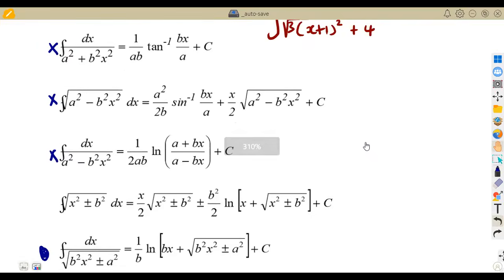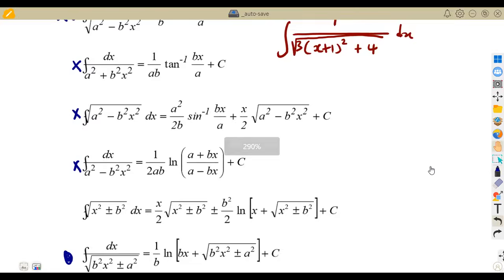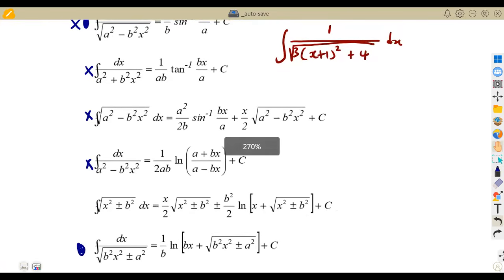All right, let me reduce a little bit so that you can see our question also. We move on to this one. There is a square root, yes, but the format there, so this one is totally out. We do not have 1 over. All right, the last one is dx over the square root of b squared x squared plus or minus a.